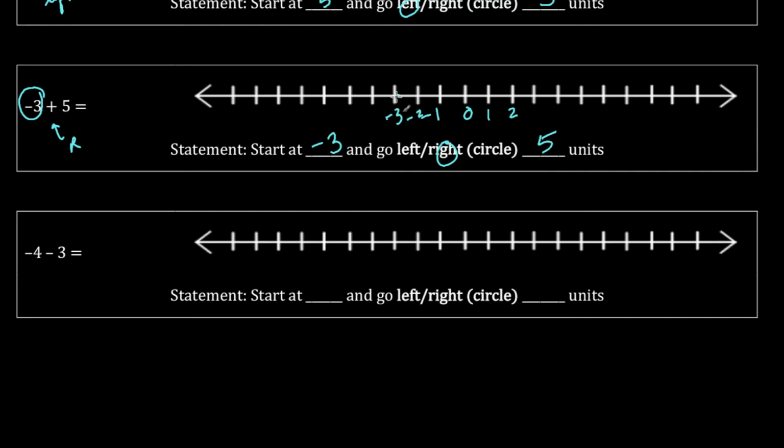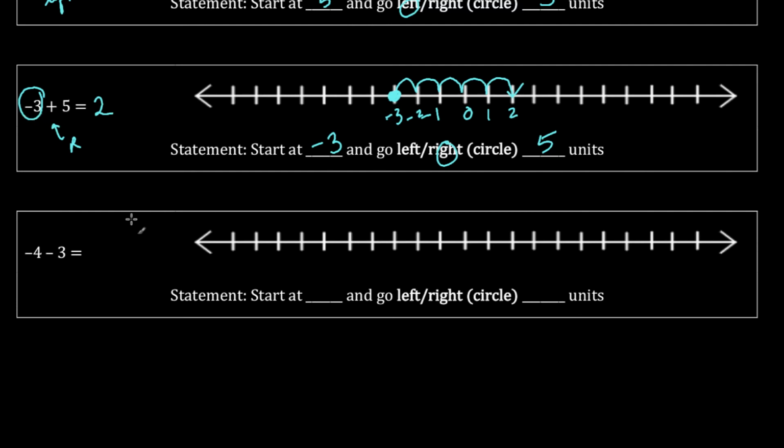So we start at -3, and we go right 5 units: 1, 2, 3, 4, 5. So -3 plus 5 is +2. We start at -3, we go right 5.